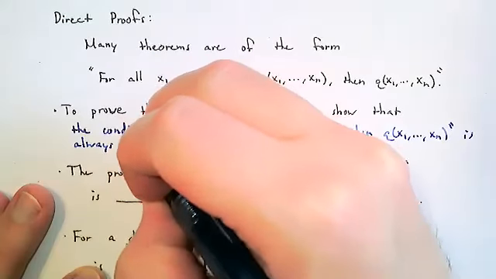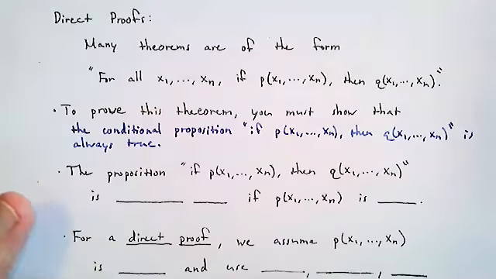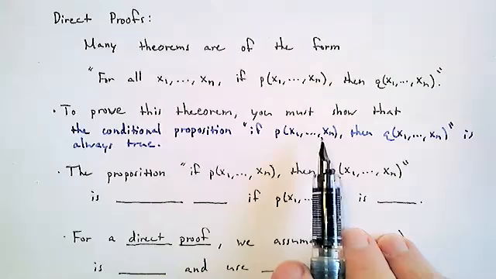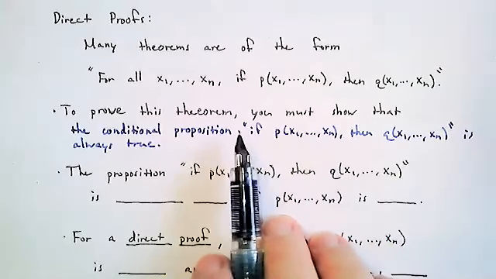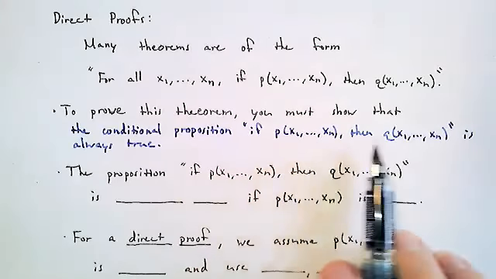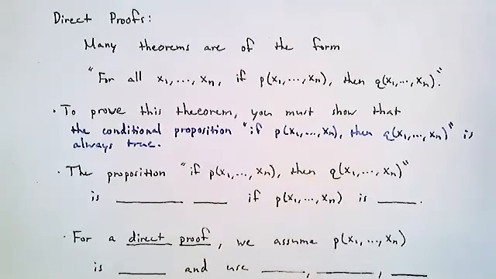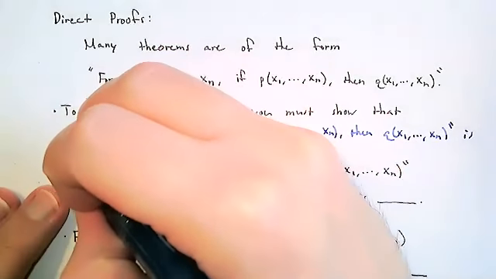But we know something important about conditional propositions. We know that if the hypothesis is false, then the conditional statement overall is vacuously true. So let's keep that in mind.